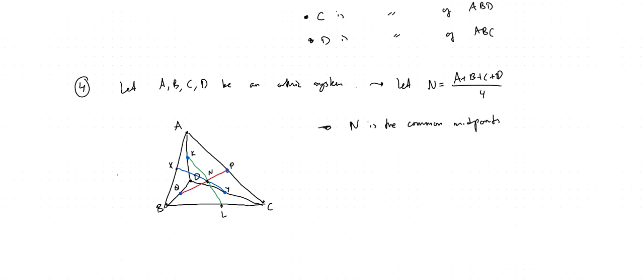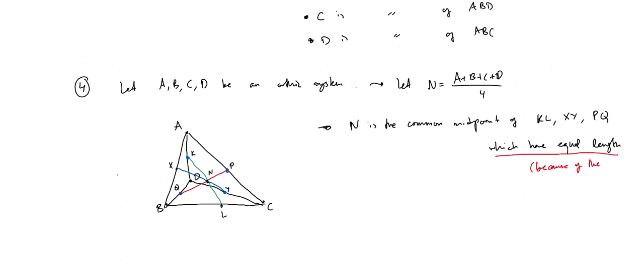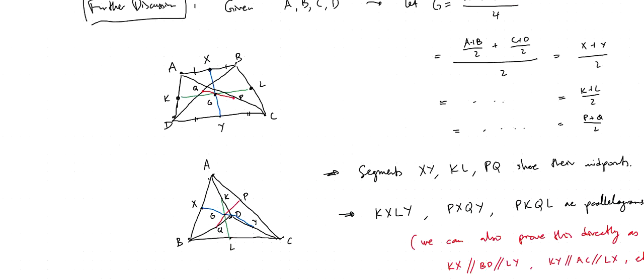Sorry, midpoint of KL, XY, and PQ, which have equal length. This is because of the orthic system. Otherwise, in general they don't have equal length. Still, there is a common midpoint for these 3 things in general.